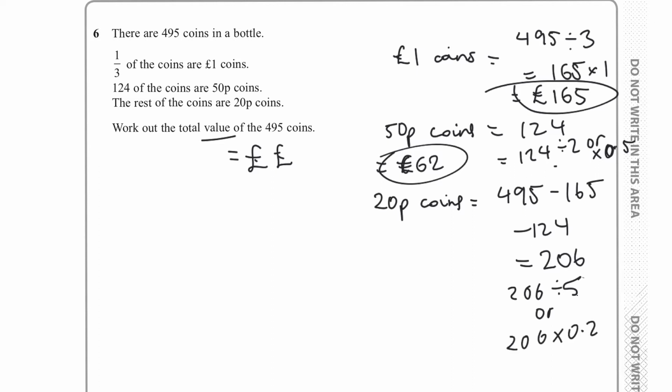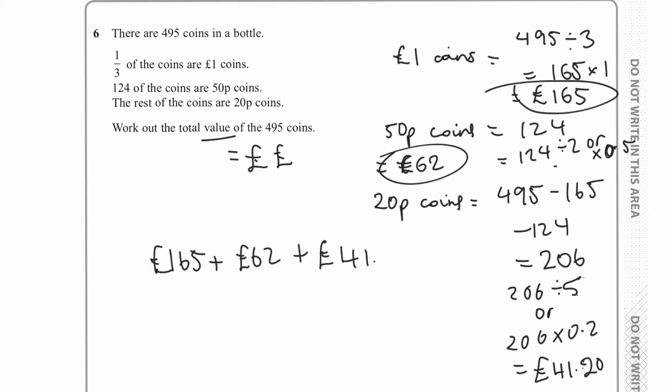So 206 times by 0.2 should give you an answer of £41 and 20 pence. So if you now add that together, the 165 plus 62 plus £41 and 20 pence would give you a total answer of £268 and 20 pence.